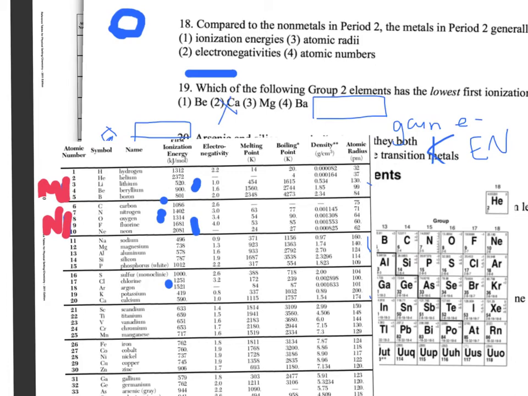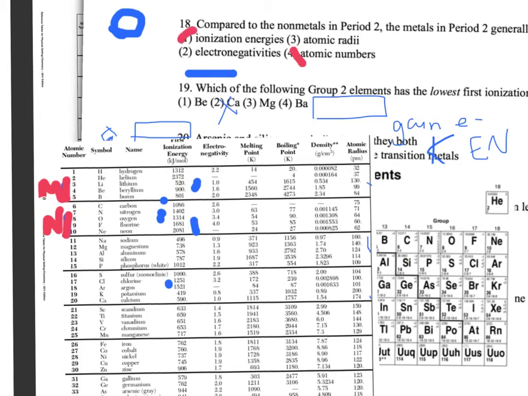So when we look down here, we see that the metals have a lower atomic number than the nonmetals. Now when we look at the ionization energies, we will see that the metals tend to have lower ionization energies than the nonmetals, so that is not the correct choice.